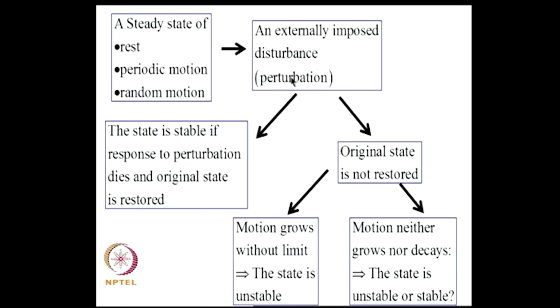Suppose these perturbations occur. Because of this perturbation, the response of the structure would change. We say that these states are stable if the response to perturbation dies and the original state is restored. If the original state is not restored, and the motion grows without limits, then we say that the state is unstable. The issue remains unresolved if motion neither grows nor decays.